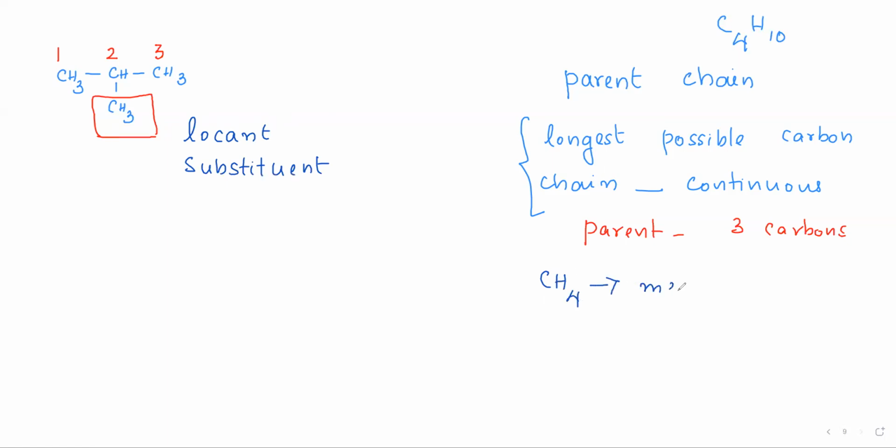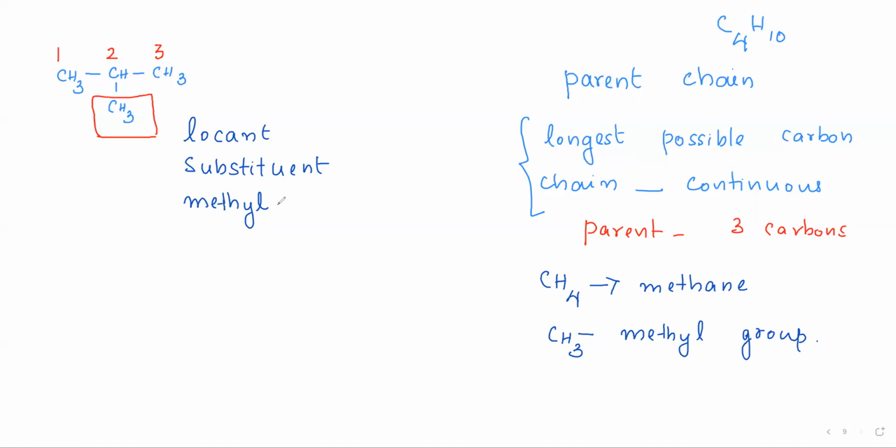CH4 is called methane. CH3 is obtained by removal of one hydrogen from methane. Therefore, CH3 is called the methyl group. Well, so the substituent or the locant or the branch here is called methyl.